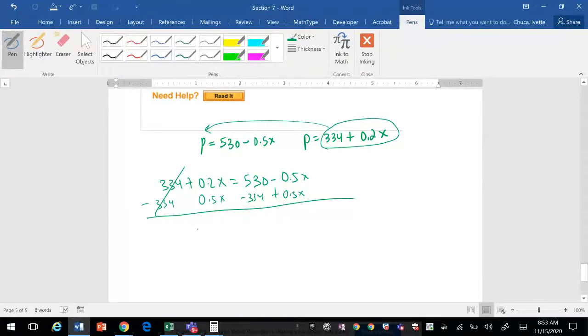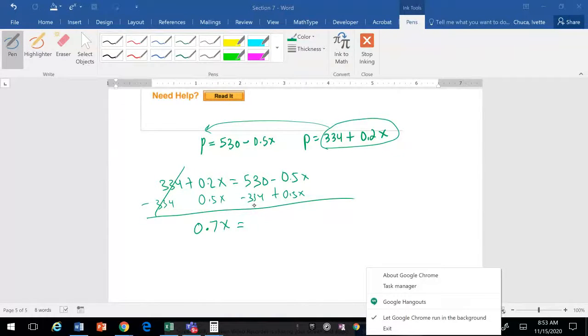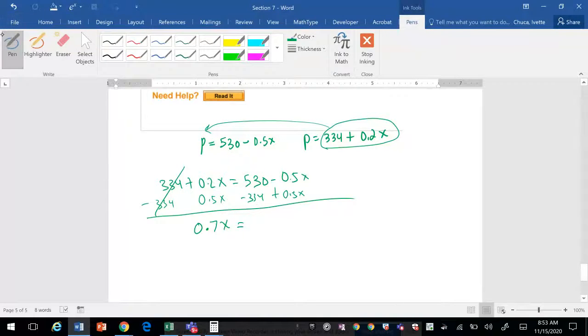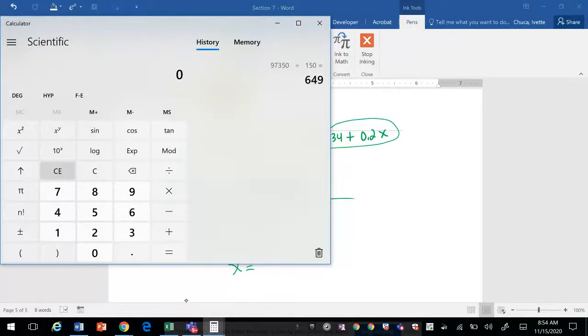So this would give me 0.7x equals 196. Divide by 0.7. So x is equal to 196 divided by 0.7, which is 280.